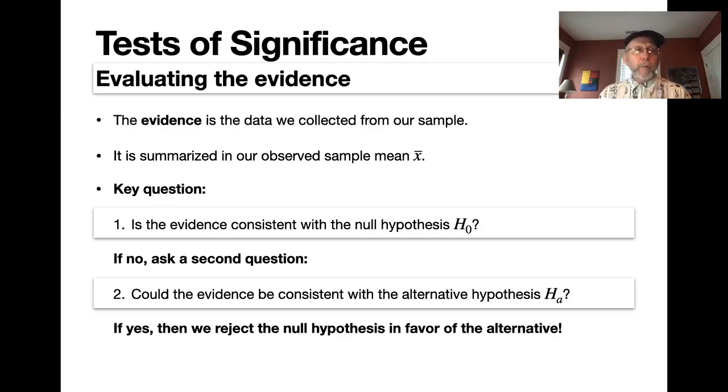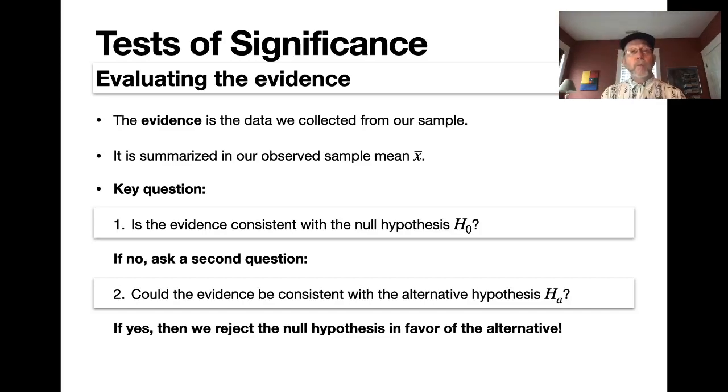Because again, we would be in the situation where the data is not compatible with the null hypothesis, but is compatible with the alternative. And so letting the data speak would mean rejecting the null hypothesis, which is not compatible with the data, in favor of the alternative, which is. So that seems reasonable enough. That, in outline, is the logic of a test of significance.